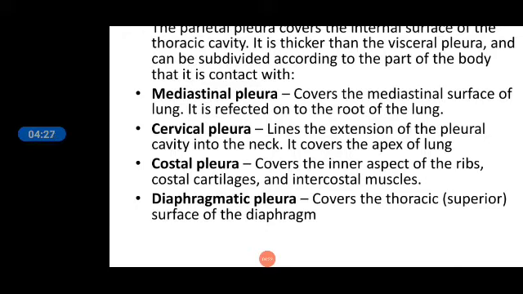Costal is related to ribs, so the costal pleura is the aspect related to the ribs, costal cartilages and intercostal muscles. Next, the diaphragmatic pleura. It covers the thoracic surface of the diaphragm. The diaphragm is a structure that divides the cavities into thoracic cavity and abdominal cavity.